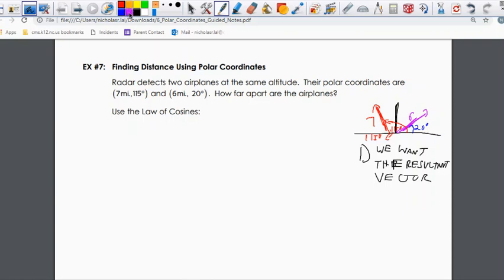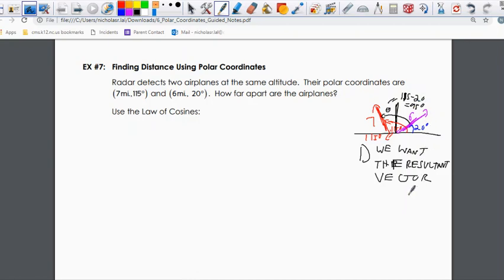The angle in between, this angle right here, is going to be equal to 115 minus 20, which is going to be equal to 95 degrees.